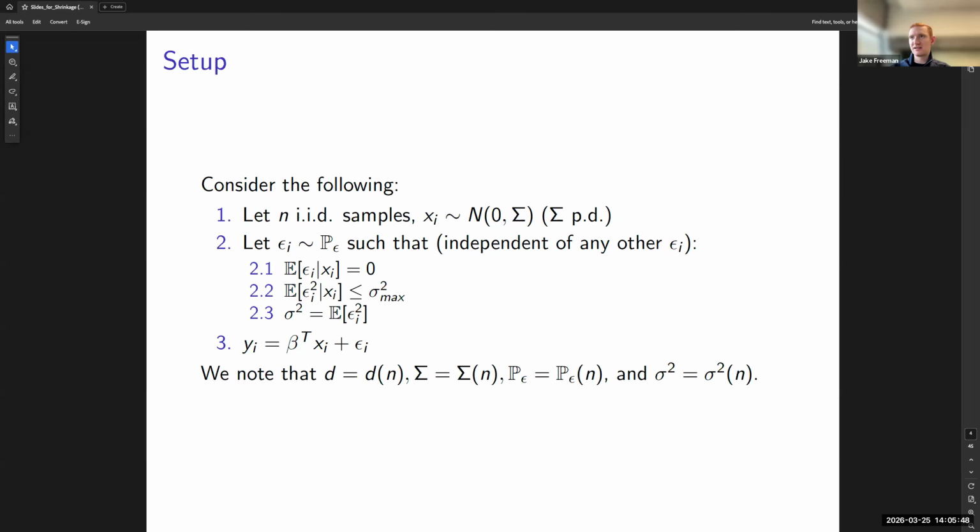And then we're still looking at linear regression. One thing to note here is that everything can be thought of as a function of n. So we're taking n to infinity, and everything else is a function of it. For example, the covariance matrix changes as you take n large, and so can the distribution of the noise and such.